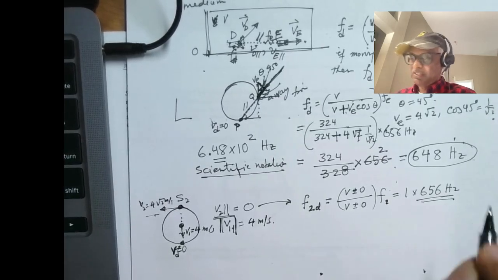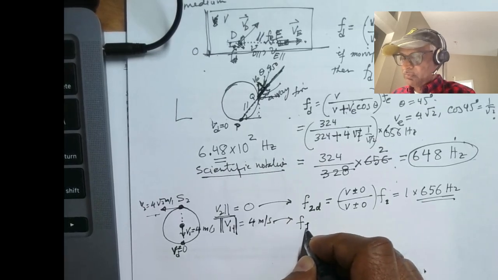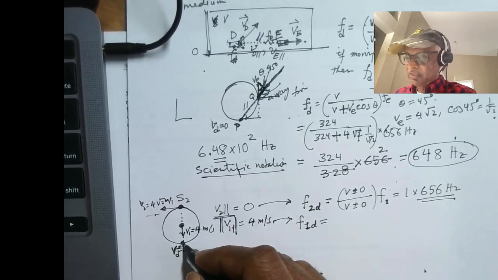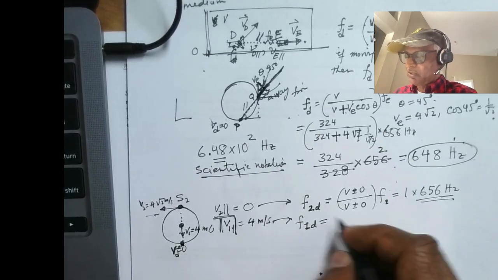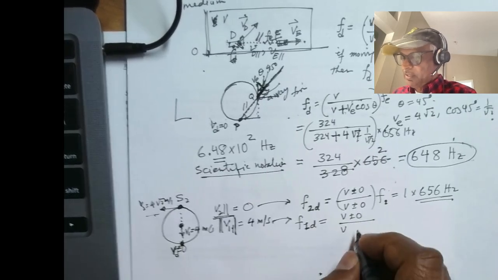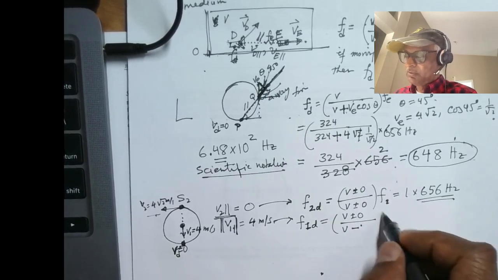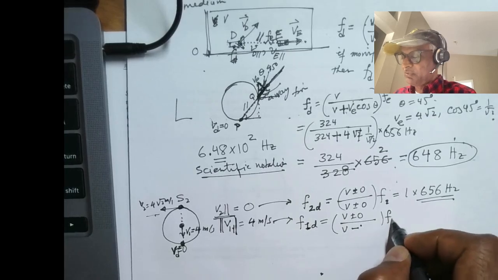So we have 656 hertz. This will create a sound F1 at the detector. It's going to detect the sound v plus minus 0, and v is going to be minus, because I want this frequency to be higher than this frequency.